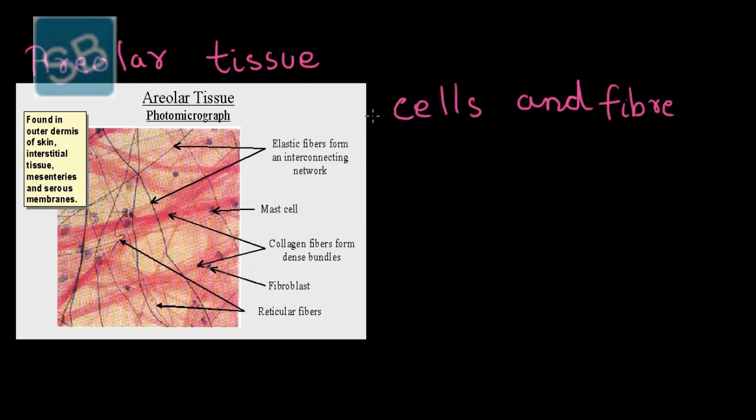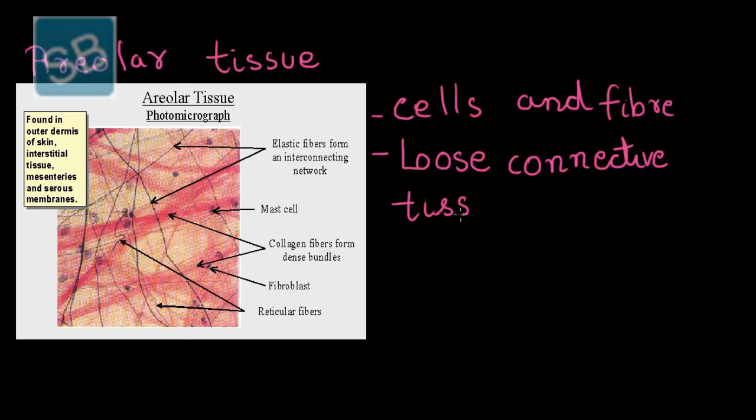This type of tissue is also known as loose connective tissue because the cells and fibers arranged here are in a loose manner, which are not tightly bound. Areolar tissue basically consists of two types of fibers, that is white fiber and yellow fiber.